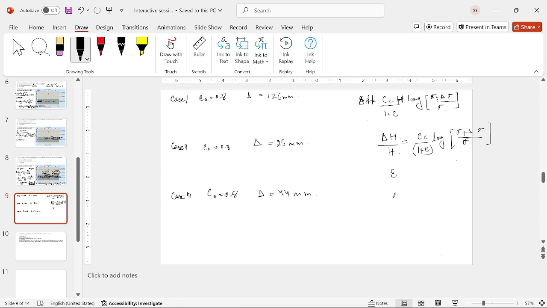And basically delta H over H is equivalent to delta e over 1 plus e.